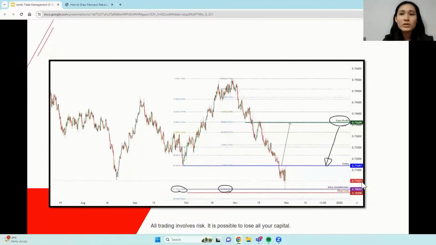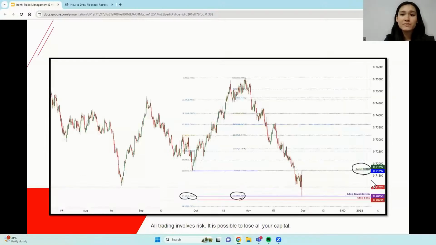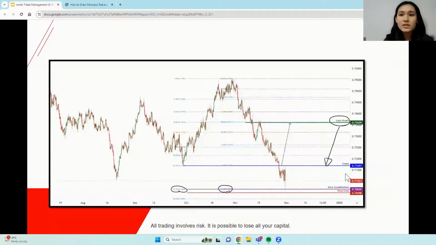So what we do now is we move our take profit to our entry. This way we can minimize losses and get out of a losing trade. You can see here, we're moving our take profit to our entry.